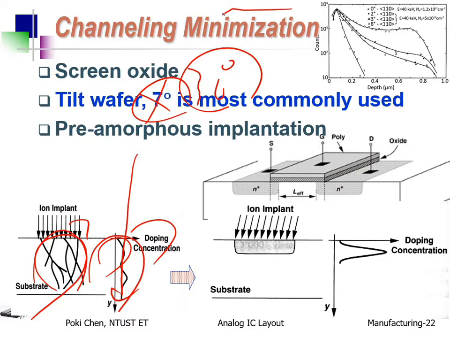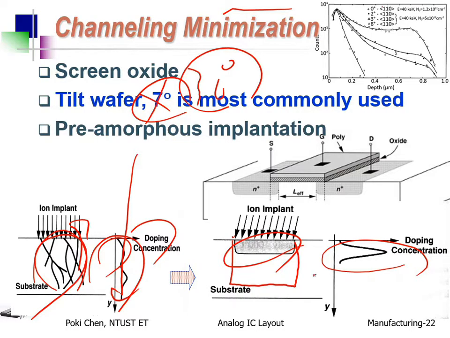For what? The concentration will look like this. That is what we need. Okay? To get the area as shallow as possible. Because if you make it just like this, for what? You will get more parasitics.